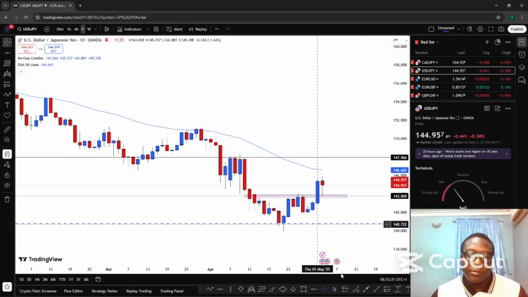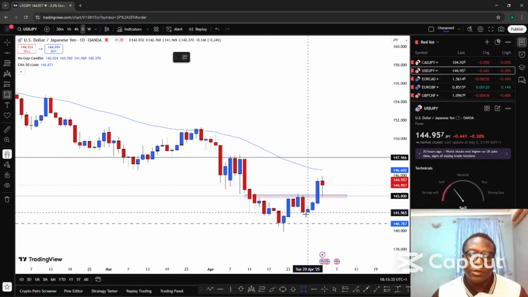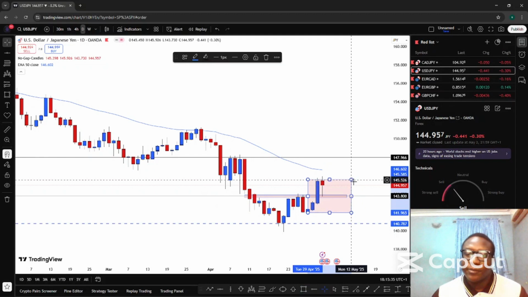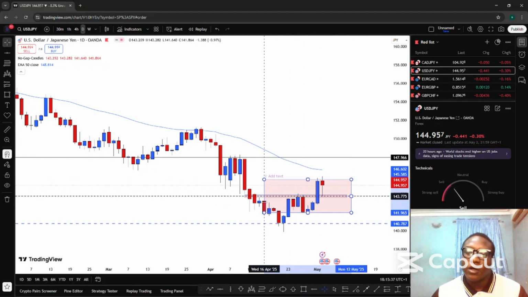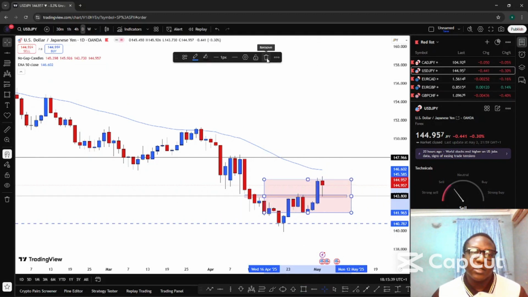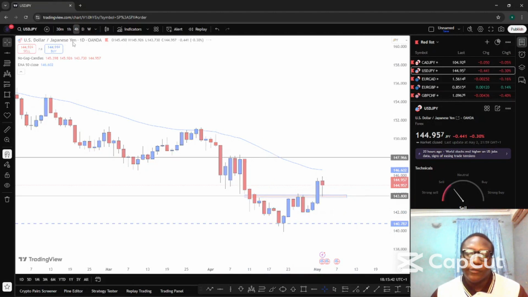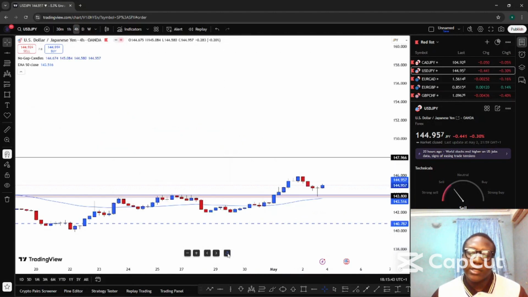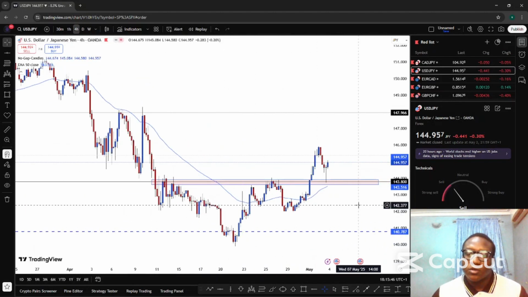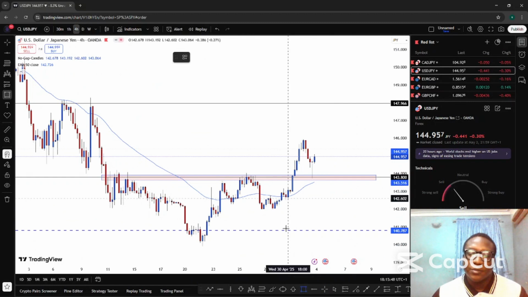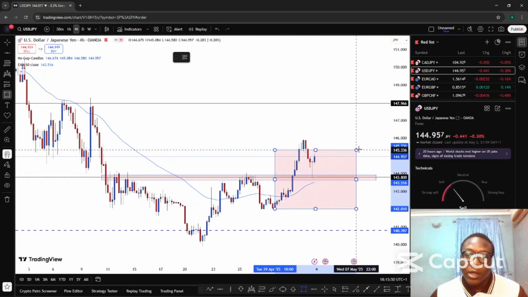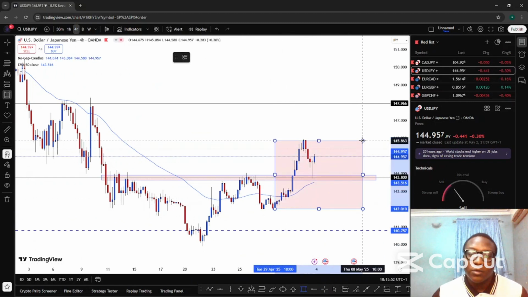So now we can see that the market is currently bullish on the daily time frame, as we have not closed above or below this previous market swing. On the 4-hour time frame, you can see that it is also very bullish as the market has not closed above or below this previous market swing.